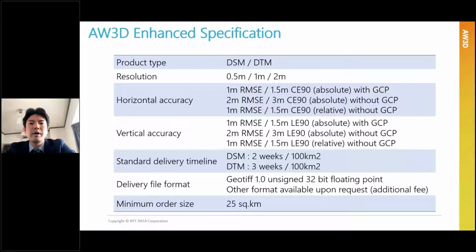RMSE is root mean square error, which is a frequently used measure of accuracy. The accuracy of AW3D enhanced is equivalent to a 1 to 2000 map scale. How could we achieve that level of accuracy using satellite imagery?